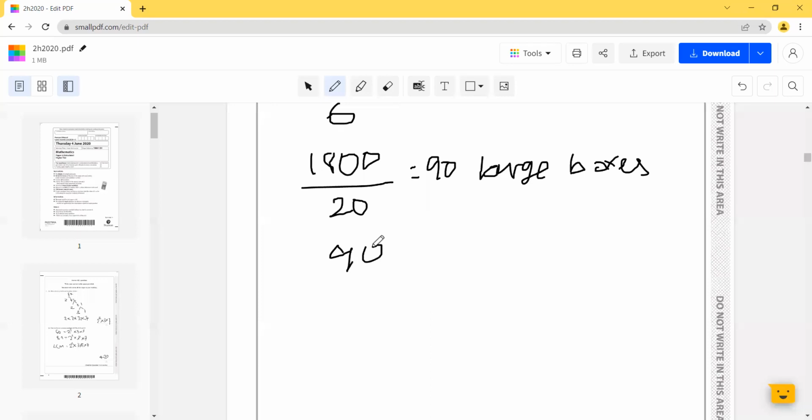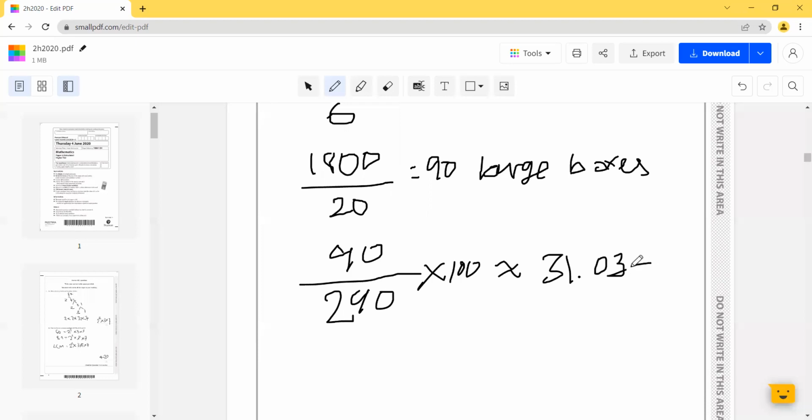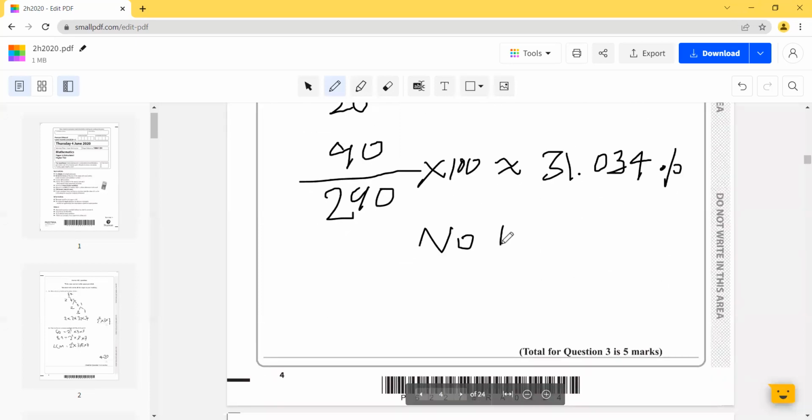So we're going to do 90 over 290 multiplied by 100, which gives us approximately 31%, or if I want to write decimal places, it's 31.034%. So no, he isn't correct. Okay, done.